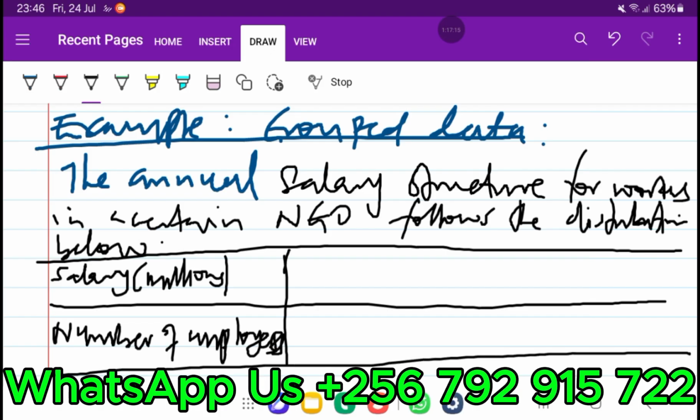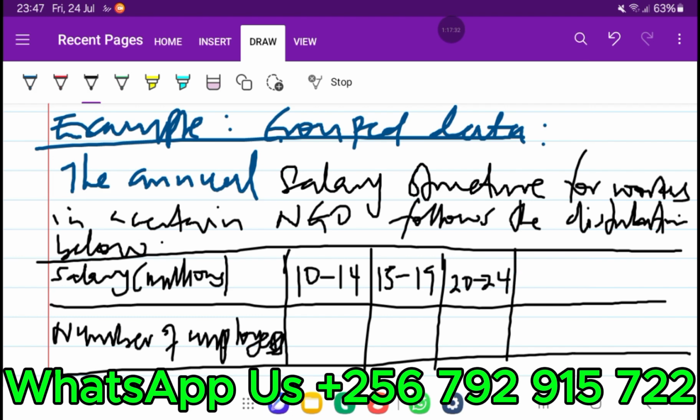From 10, remember they are in millions, 10 to 14, 15 to 19, 20 to 24, 25 to 29, 30 to 34, and finally 35 to 39.